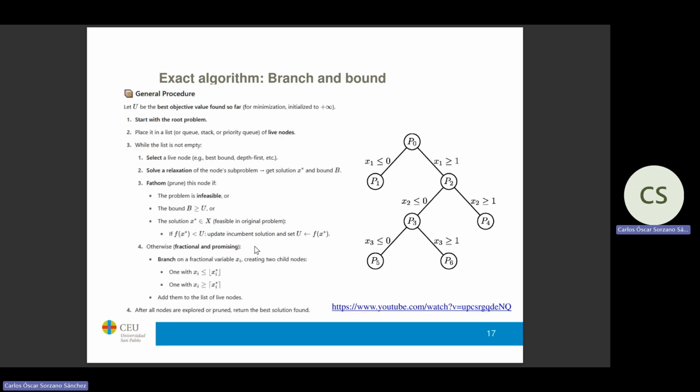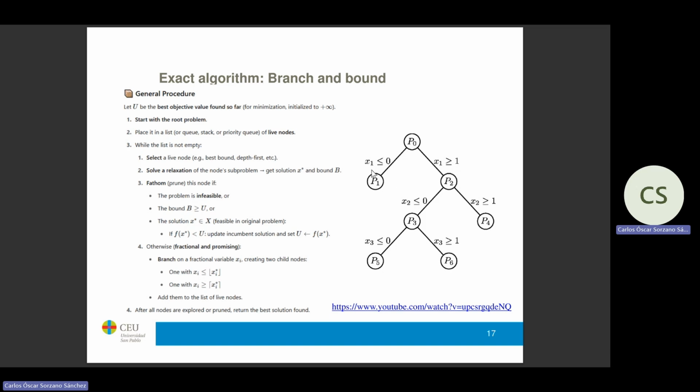Okay, so let's see an example. So this is the general procedure. So you start with the general problem, and for the relaxed general problem, you discover that x1 is 0.3. Because 0.3 is not an integer, either it is smaller or equal to 0, or it is larger or equal to 1.